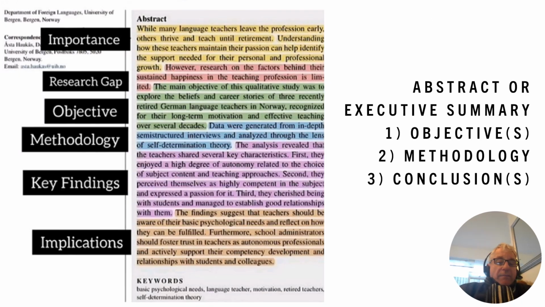One of the sections of a report or your research, even if you're doing it as a commercial research, is going to be the abstract, or if it's in business, you might call it the executive summary. So here's a section that goes through and highlights some of the main areas of this. It's the taster.